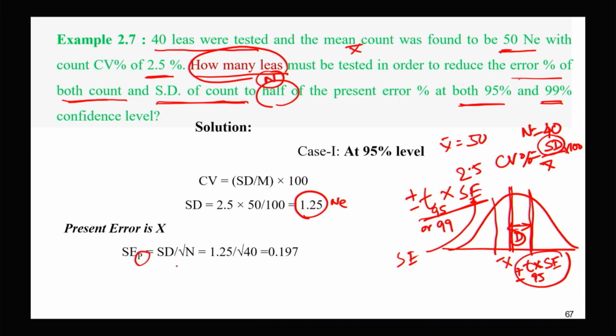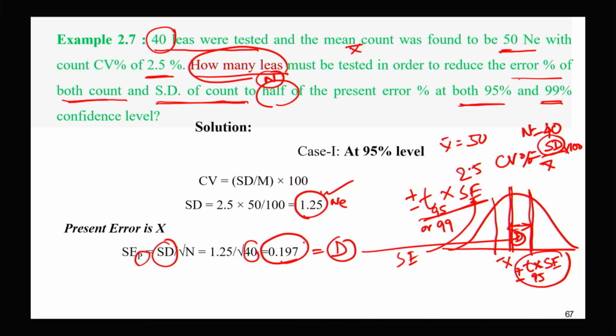So, standard deviation by under root n. So, standard deviation we have calculated already. This n becomes 40. This is the present error value. Present error means here in this picture it is a D, deviation. This is the deviation here. Now, this deviation is based on 40 readings.